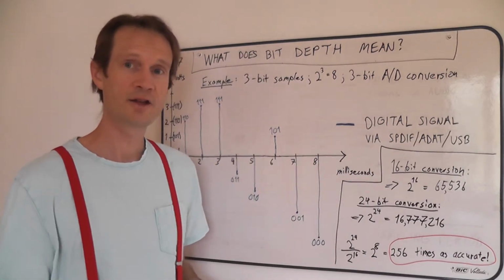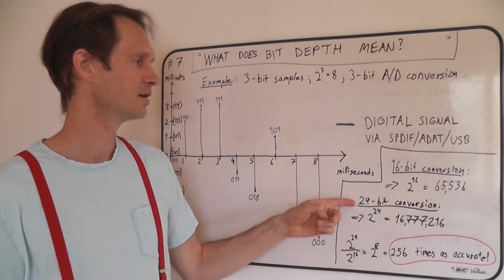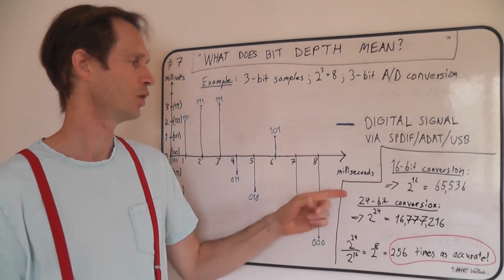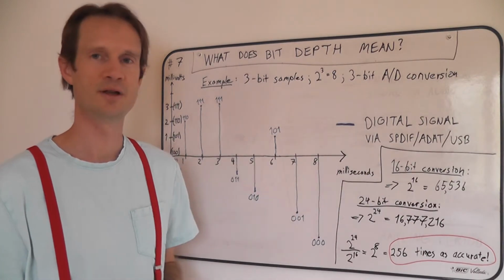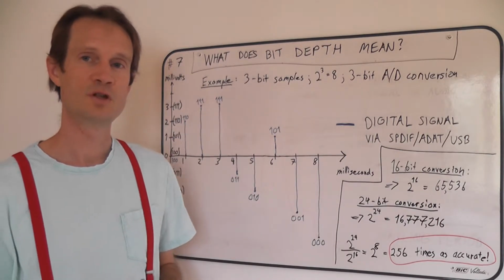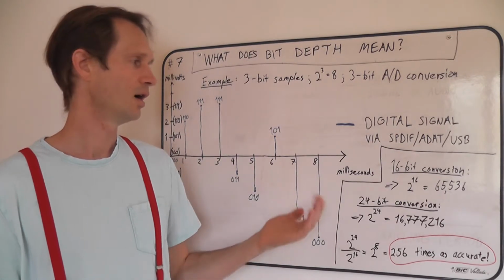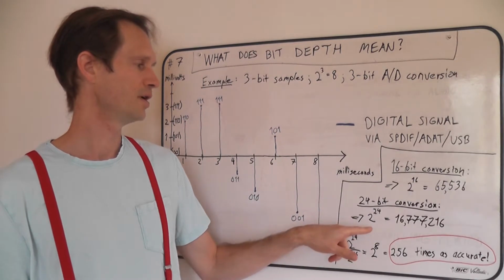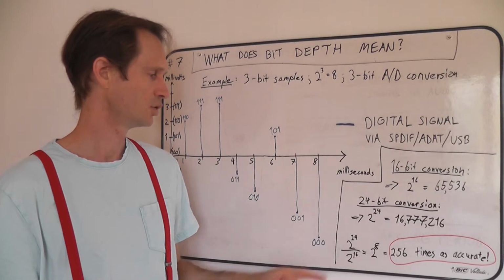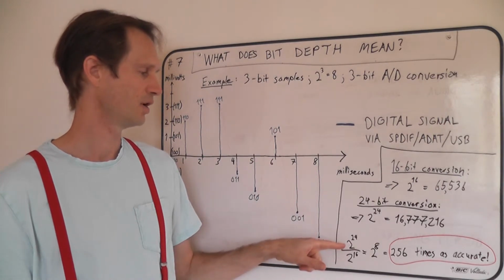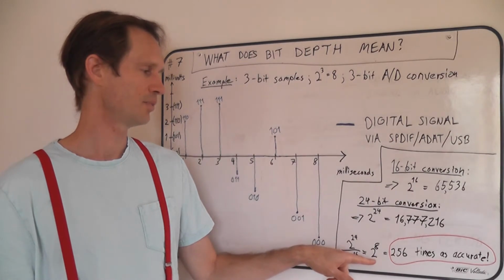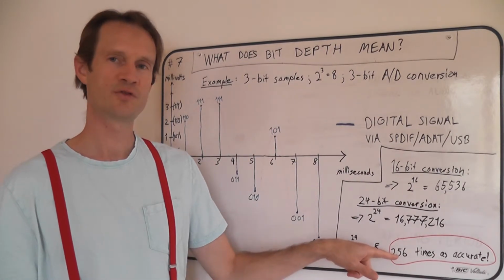So how much more accurate is 24-bit conversion compared to 16-bit conversion, or 24-bit audio versus 16-bit audio? Well, to see that, we just have to take the ratio of 24-bit audio to 16-bit audio. So we divide 2 to the power of 24 by 2 to the power of 16, which is 2 to the 8th power, which equals 256.